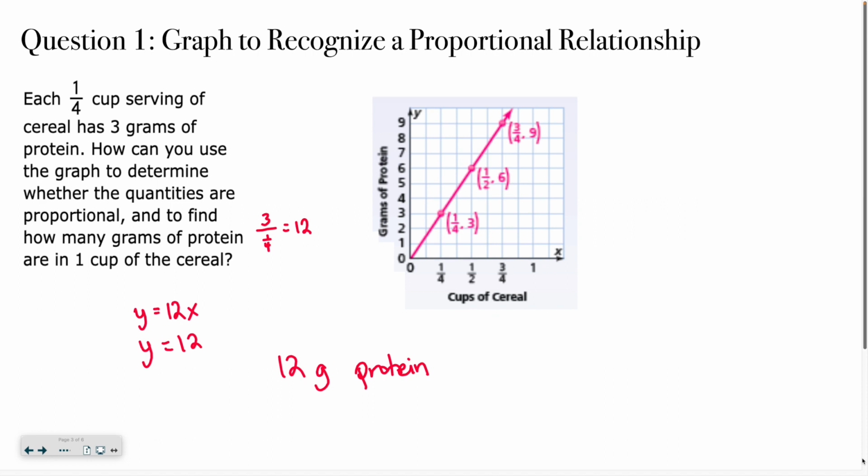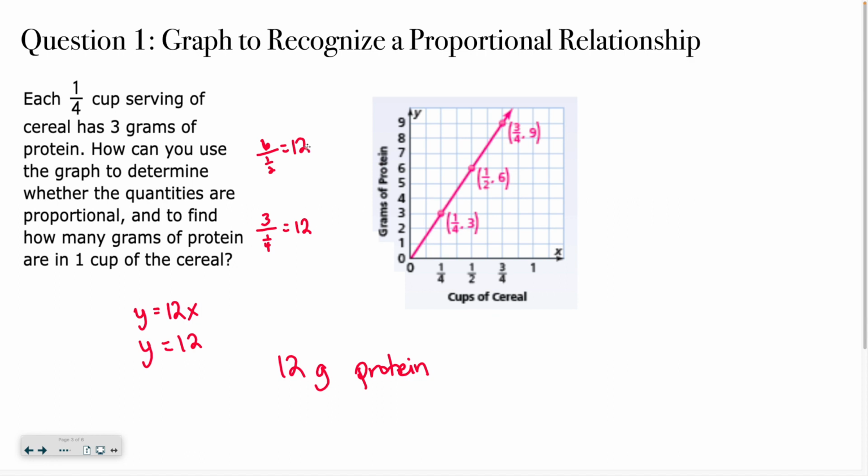All right, for this problem, hopefully you were able to use those ordered pairs like that 1/4, 3, or the 1/2, 6, in order to determine that the constant of proportionality would be 12, okay? And then you would be able to say, well, the constant of proportionality has to do with the number 1 usually having to be on the bottom, right?